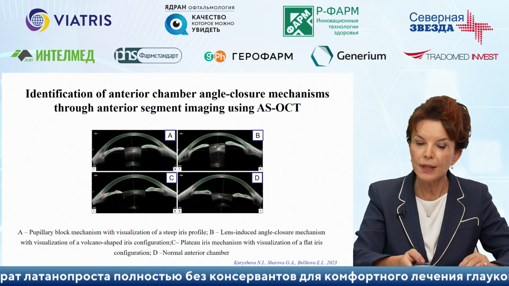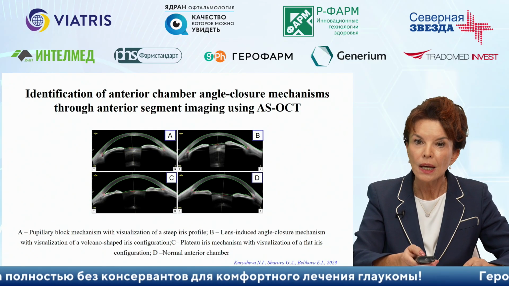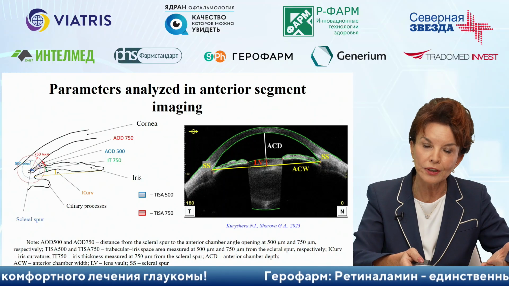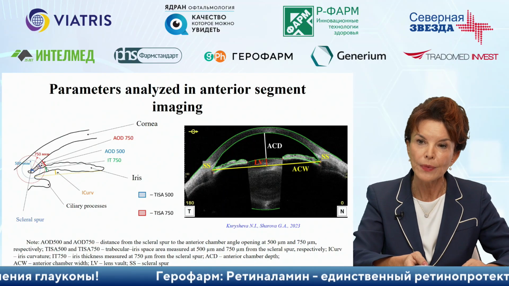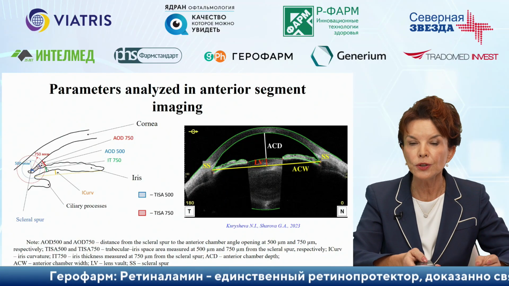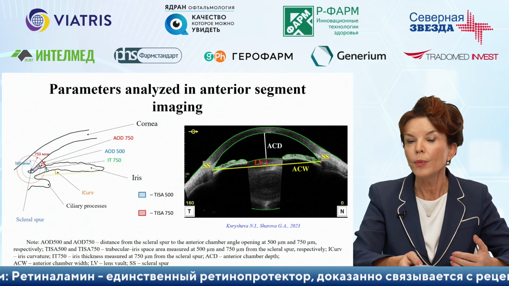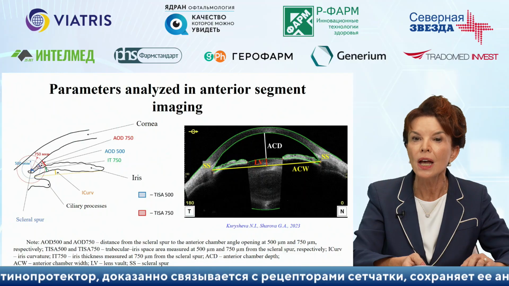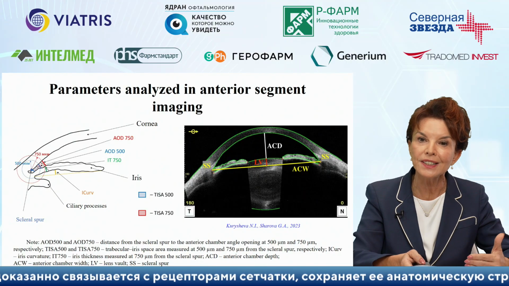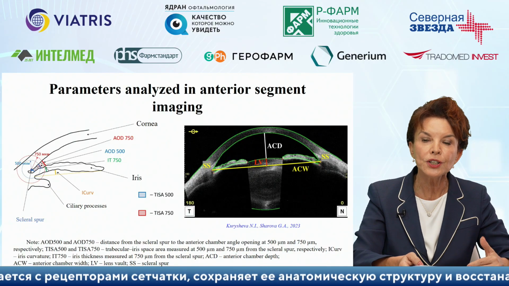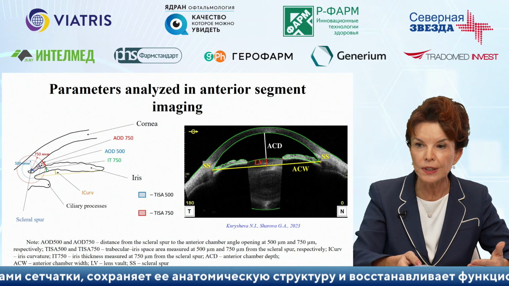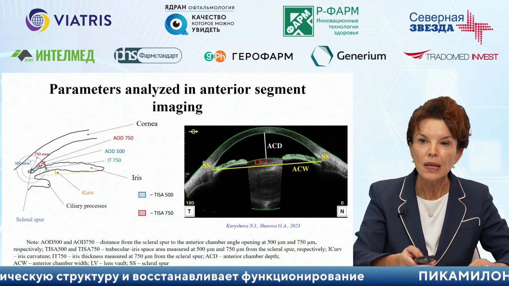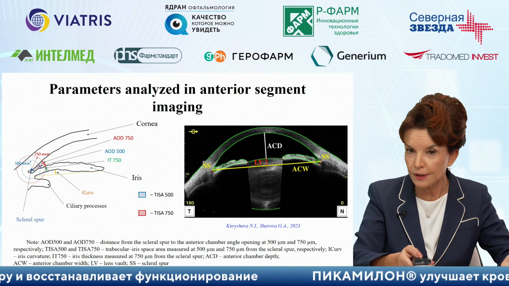It's possible to determine this only when you study the anterior segment of the eye. We can have many parameters, not just the width of the angle or the depth of the chamber, but also the thickness of the iris, the curvature, and the square area. Here you can see the parameters analyzed, as well as the height of the vault of the lens, and this is very important.